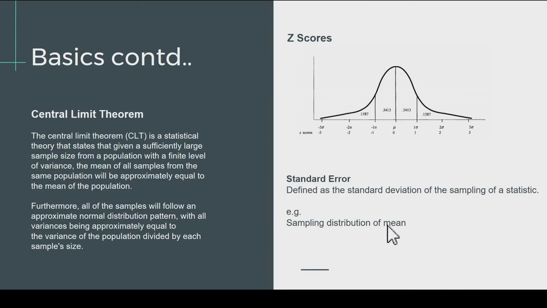Let's say you have a large population of around 10,000 records, or 10,000 training samples. Now what you do is you take a smaller sample of, let's say, 100 rows, you take a mean of that, and you repeat this process several times.